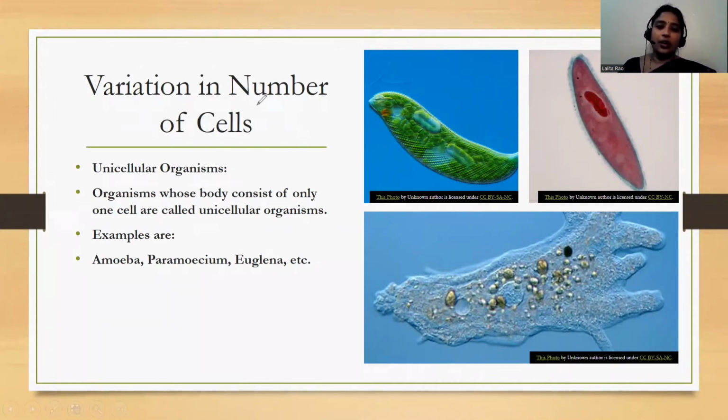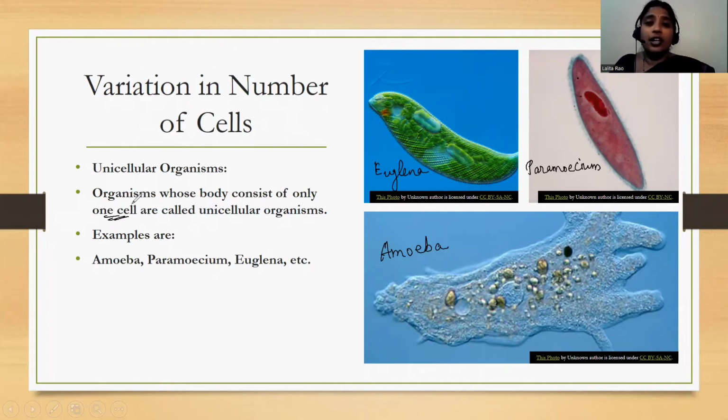Now, as you can see here, you have examples like amoeba, paramecium, and euglena. These are living organisms whose body consists of only one cell.